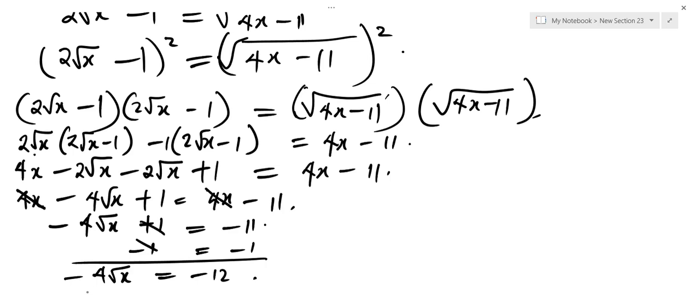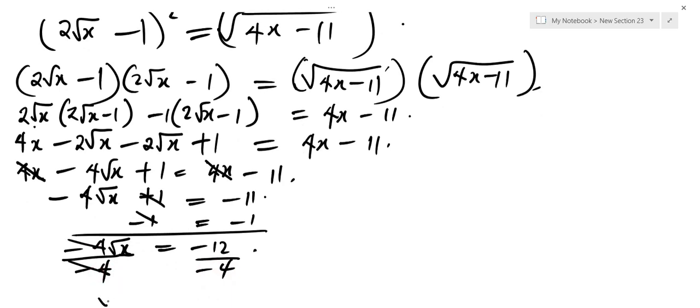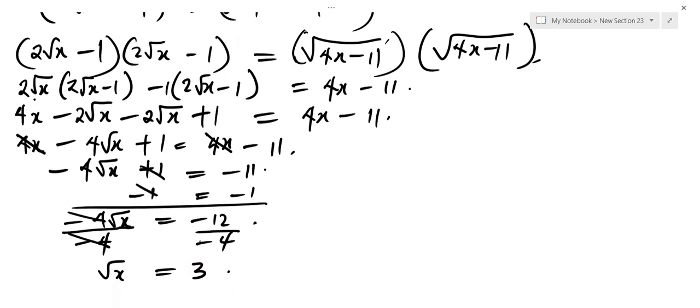So dividing both sides by minus 4, minus 4 will cancel out minus 4. You have square root of x left on the left hand side, then on the right hand side you have 3. This minus will cancel out this minus. 12 divided by 4 is 3.